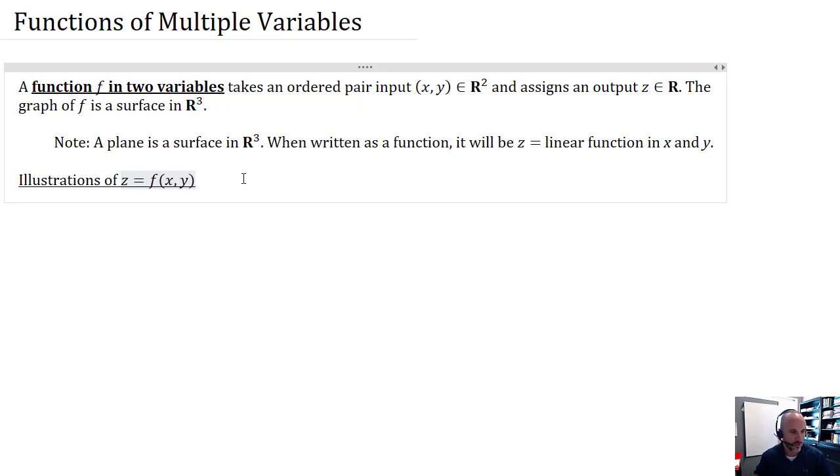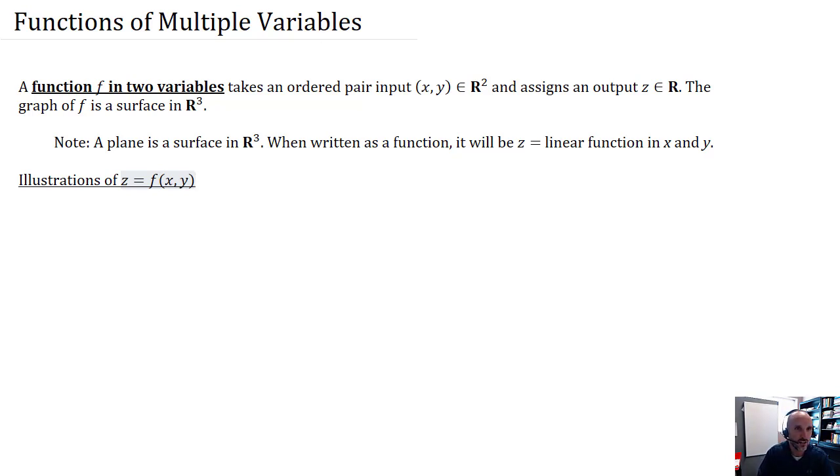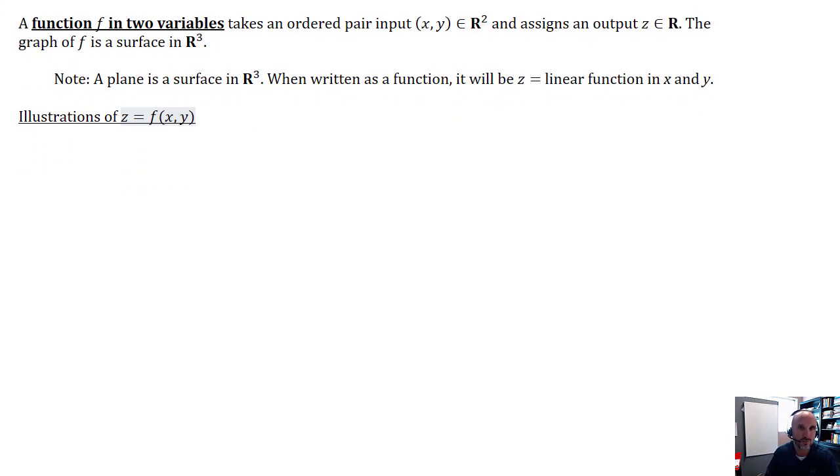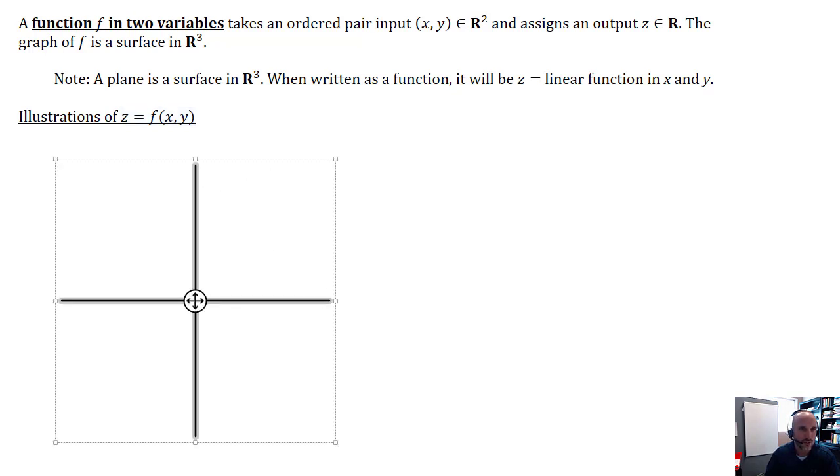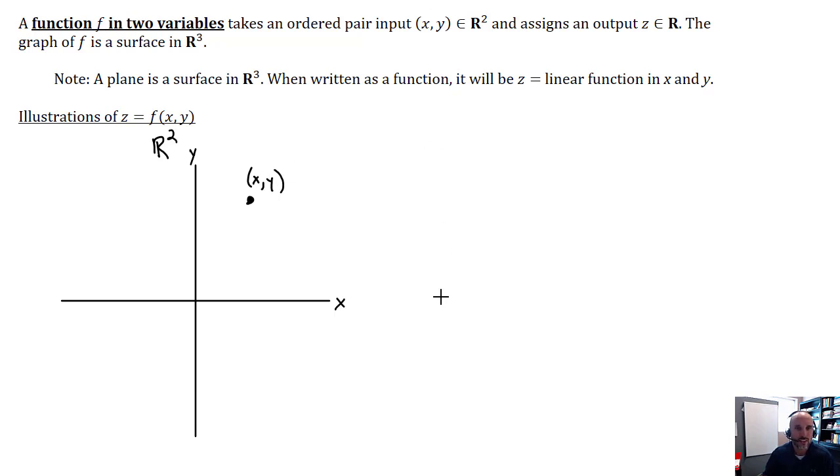Okay, so let me grab my pen and we can kind of look at how to visualize a function in two variables. So one way to do it is to pick an input from R2. So this is R2 here, and our inputs are ordered pairs x and y. So this will be the typical xy Cartesian plane. And you could take an ordered pair from this xy plane, say this ordered pair right here, x comma y, and you could map it to an output that is a real number as well.